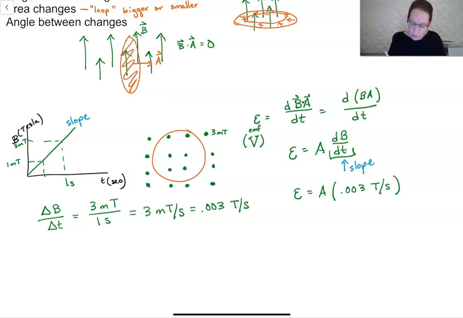And the area we would get just by knowing how big this radius is, and that would just be pi r squared. If it's a circle, if it's a square, then we just find the dimensions. So that's pretty straightforward to try to find this voltage, okay? We can do the same thing if the area is changing, and we can do the same thing if the angle between them is changing. So we'll see in some of the examples how we calculate all of those things.